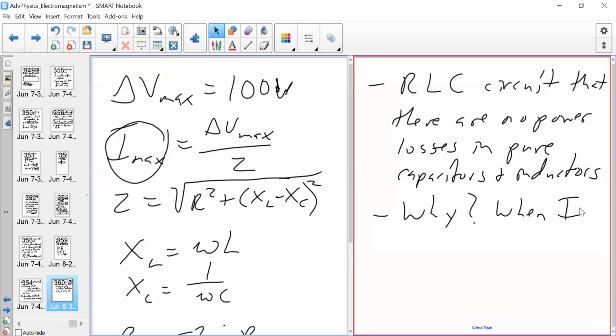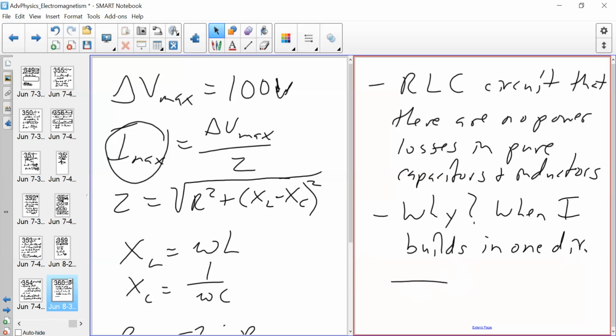So when the current I builds, it builds in one direction.